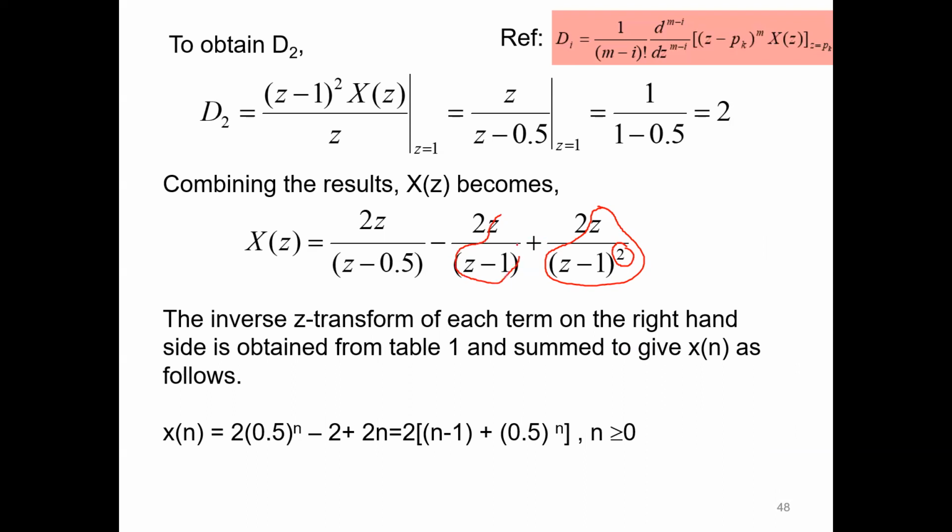Z over z minus 1, this one, and this one. We have seen these things earlier, so there's no problem. But what is this? Z over z minus 1 whole thing square. So we have to figure out something like z over z minus a, the whole thing square.